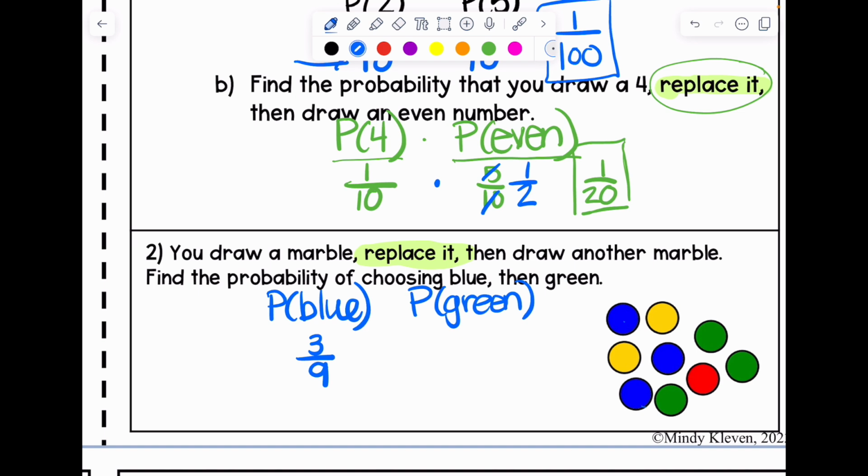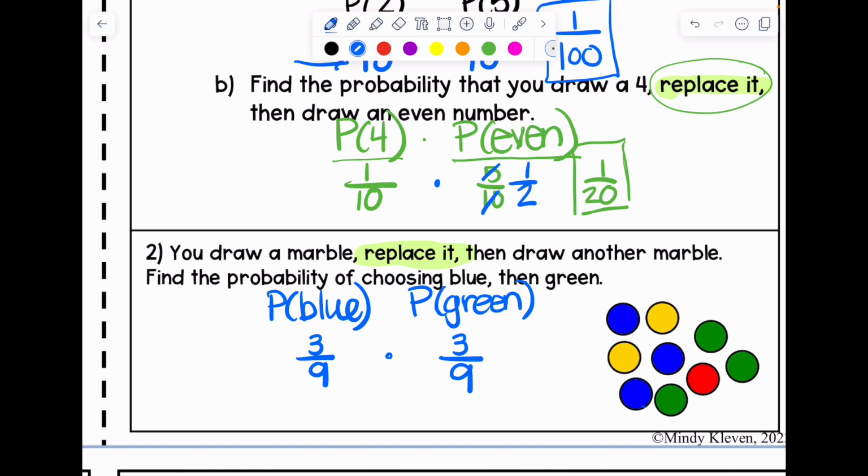And then my probability of drawing green: I take a blue, and then it says I'm replacing it back in. So now my probability of pulling a green is also going to be 3 green marbles out of the 9. So I have 3/9 there, and I'm going to multiply these probabilities. If you can simplify a probability, it's best to simplify it.